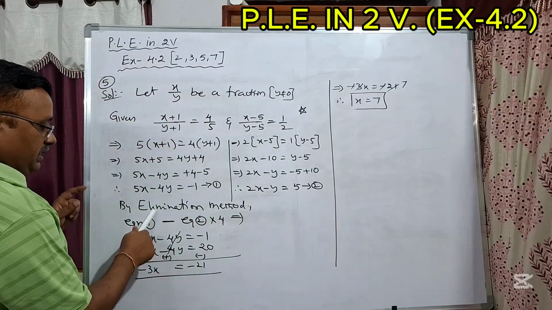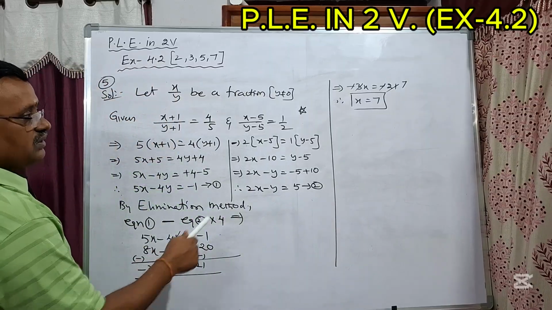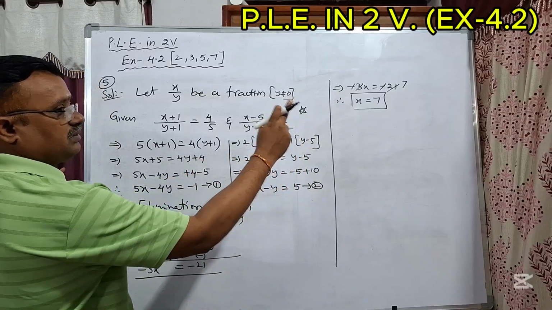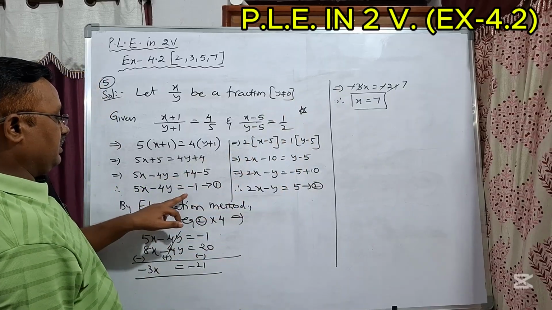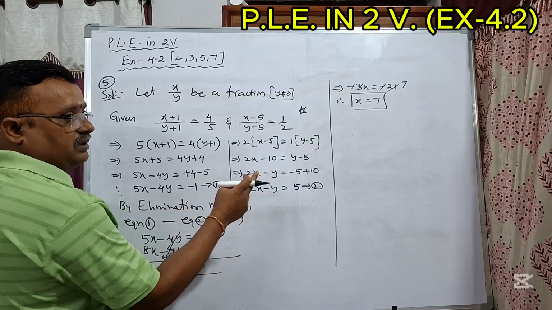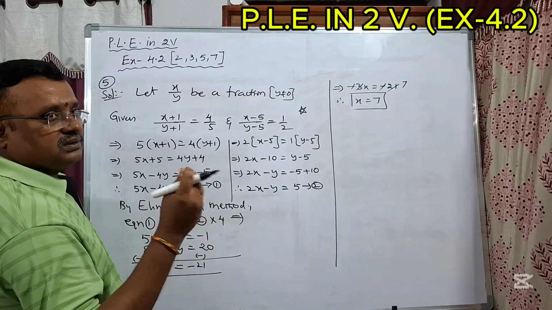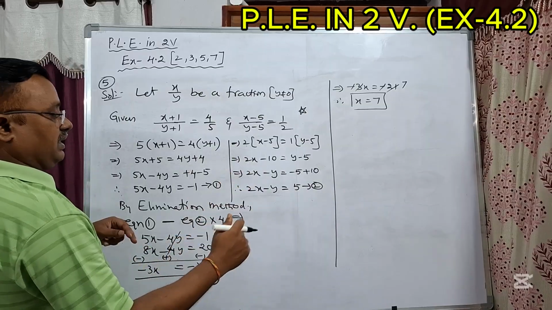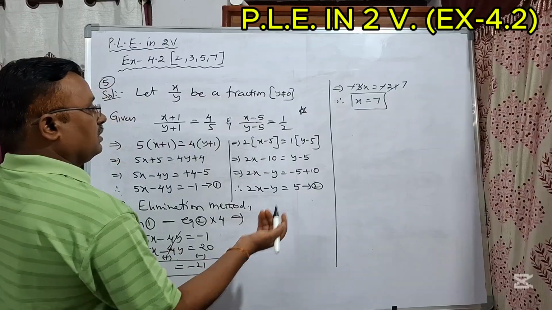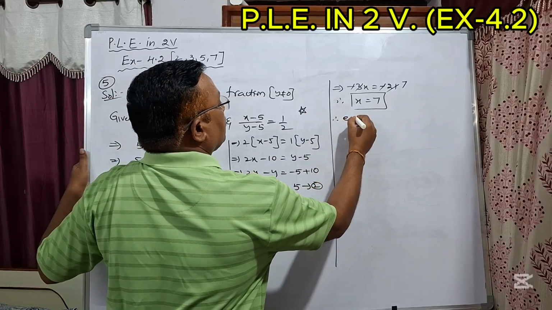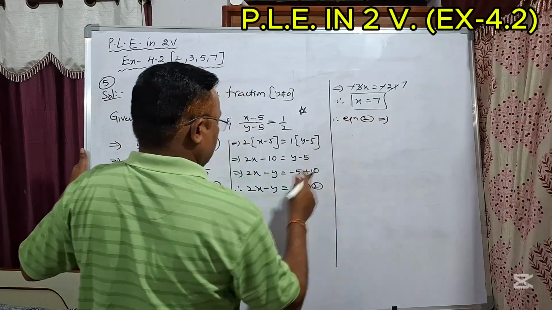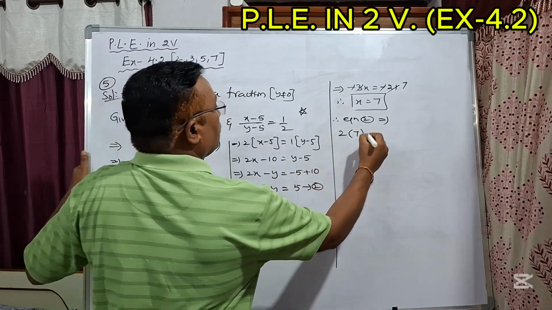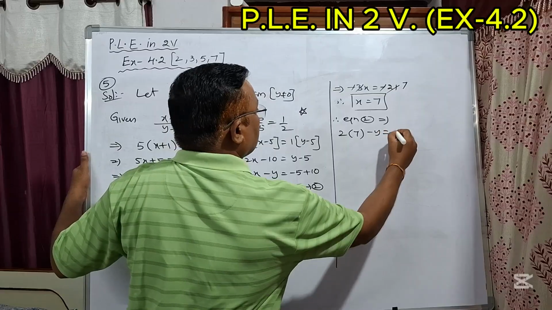So, here we eliminated variable y so that we got x first. Substitute that x value either in equation 1 or in equation 2 according to your simplest process. You will get the y value. I am choosing 2. Okay? Therefore, equation 2 implies 2 times the x value 7 minus y equal to 5.